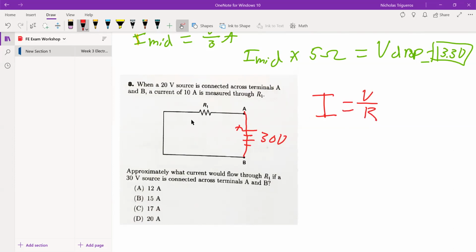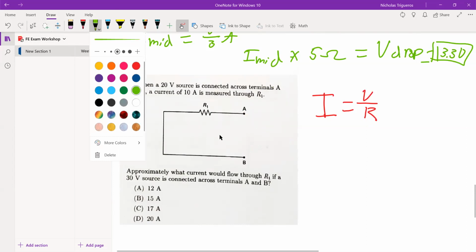But do we know what the resistance is? My bad, we are actually missing an entire step here. This actually tells us. Oh yes, that will be the case, but I think we need to find this resistance first. So when a 20-volt source is connected, let's get green.